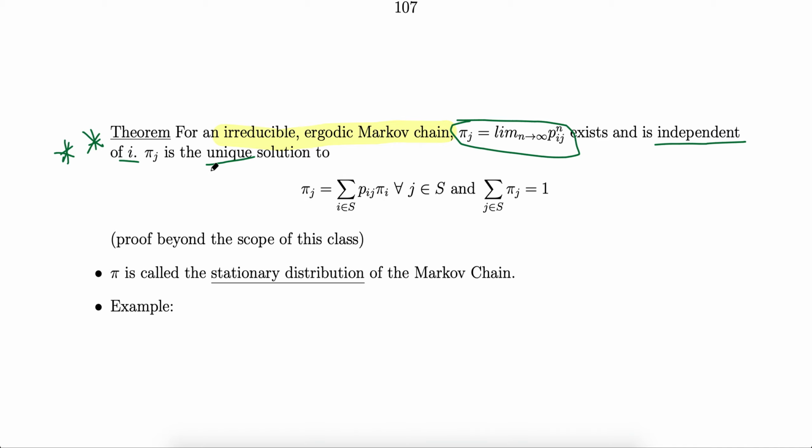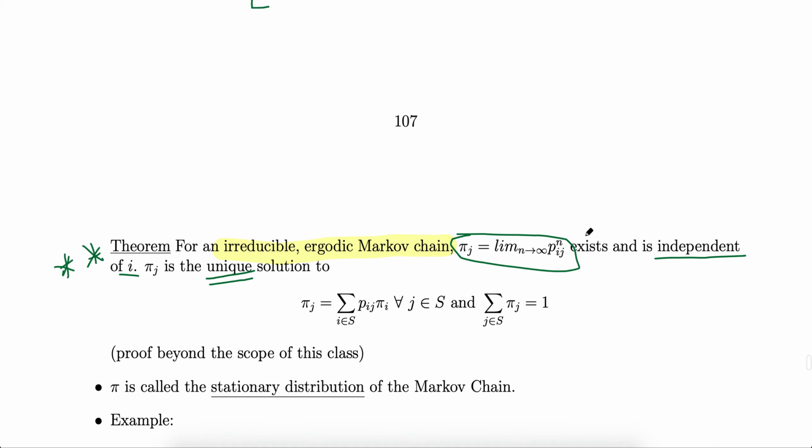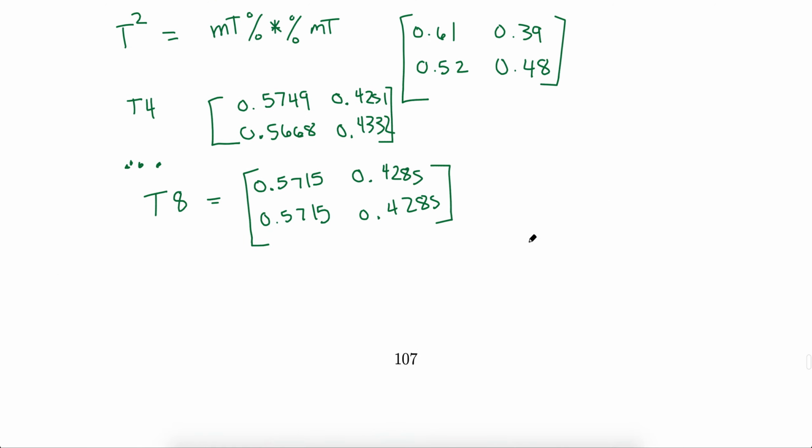Also, it's unique, and specifically it's the unique solution to this system of equations: pi j is the sum over i in our state space of pi i times P ij. And all these pi j's have to sum to 1, just like we observed here, where the rows have to sum to 1. So this would tell me my pi 1 is 0.57 and my pi 2 is 0.4285.